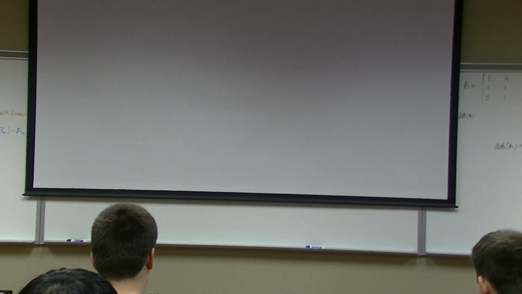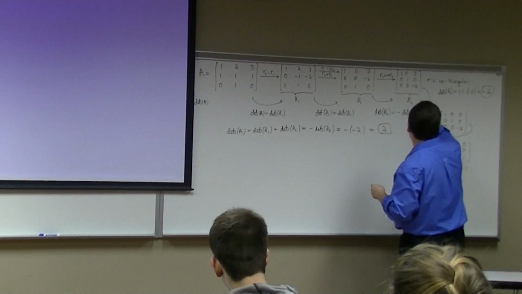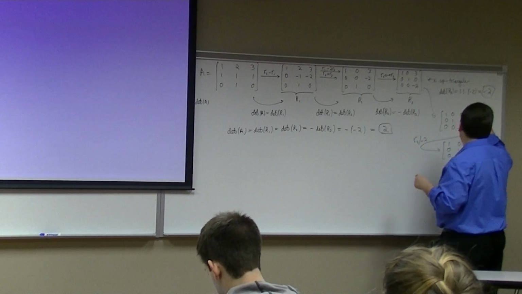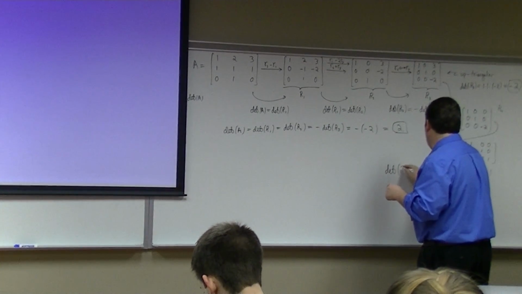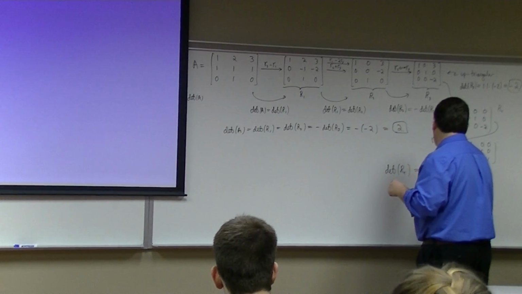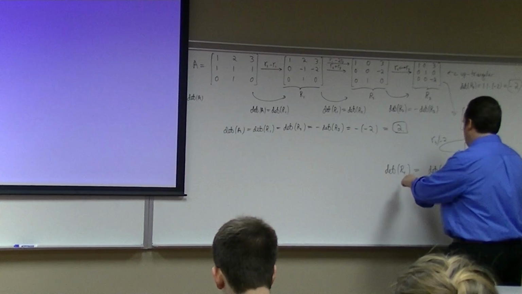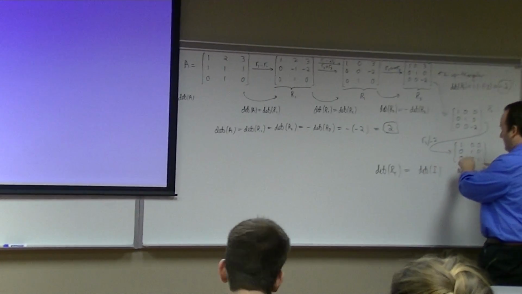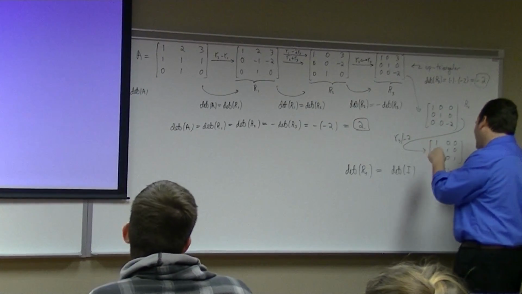So I guess we could call this thing R4, and you could say the determinant of R4. How is that related to the determinant of the identity? What did we do to get from here to here? By -2.